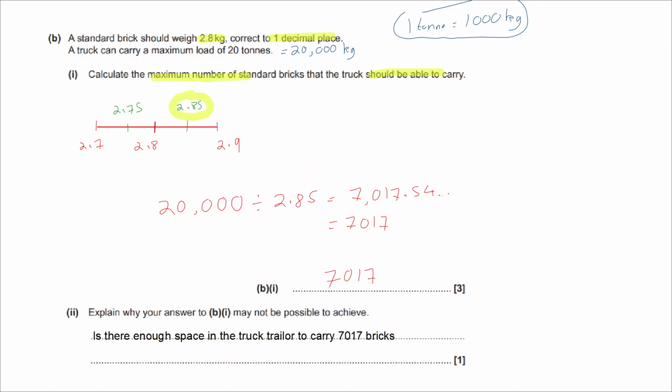In fact, I've written that like a question. It should be something like this: there might not be enough space in the truck trailer to carry that many bricks. Or something like, could the tire pressure hold up? You just got to put it into real life context. Am I still recording? Yes, I am. Good.